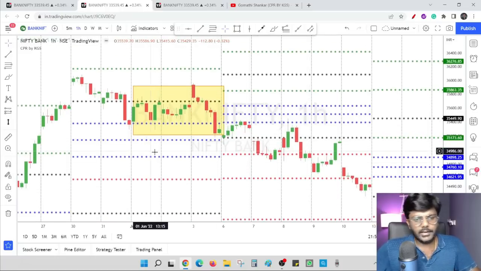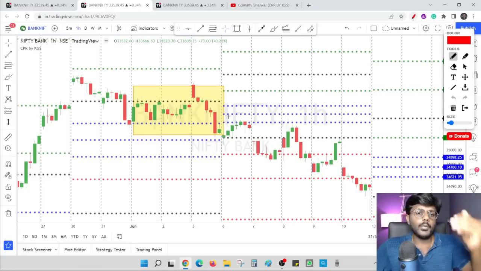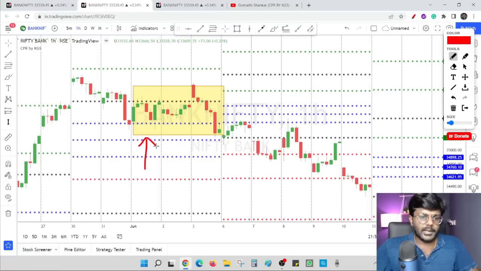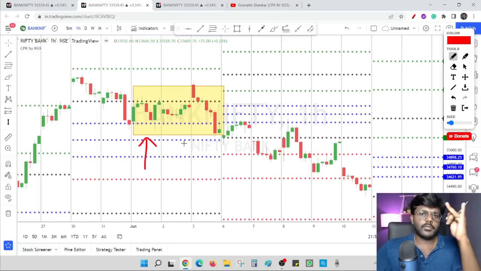Here you can clearly see for 3 days the prices were trading above weekly CPR. The prices are above monthly CPR, I am bullish. The prices are above weekly CPR, I am bullish. Now I need an important confirmation from daily CPR, because I am going to buy options and take a long position in futures of Banknifty.